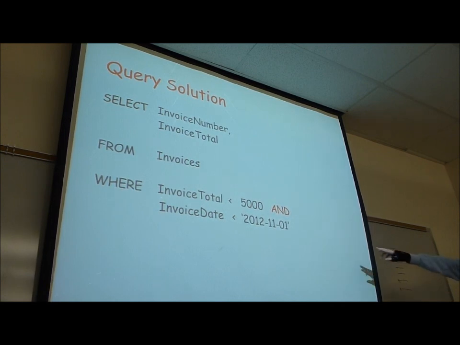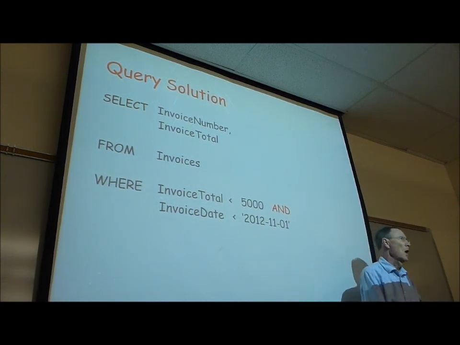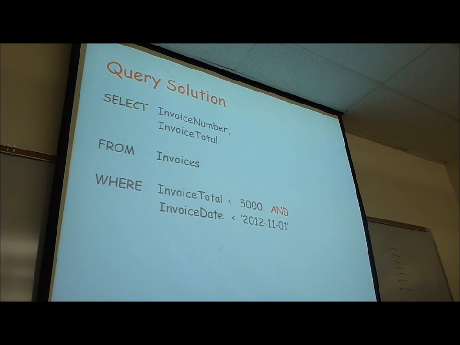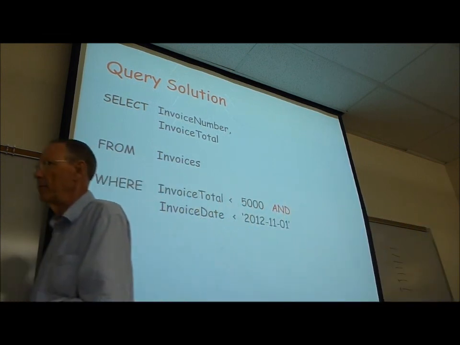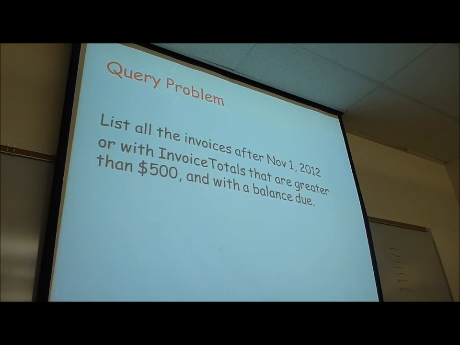But usually this is the way to express a date if you want to do a comparison in a string. It automatically makes the conversion to the way it's stored. So this is an example of a compound condition. I've got two conditions which I need for this to go into the results set.